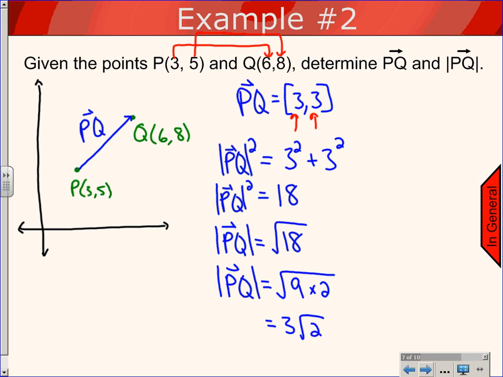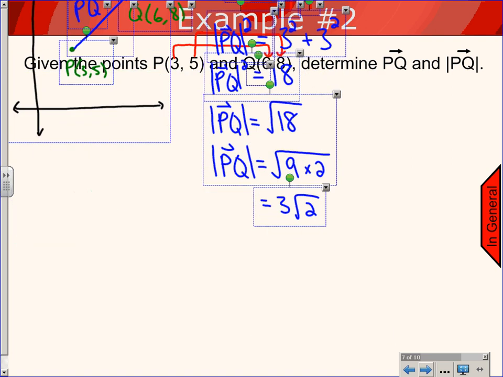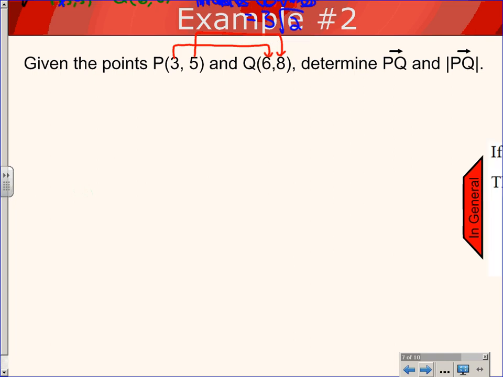Okay, I need to slide that out of the way so we can get the in general stuff up. Everything that I'm about to slide out is exactly the same as what we just did, except instead of having points 3, 5, and 6, 8, I'm just going to call them points x1, y1, and x2, y2.